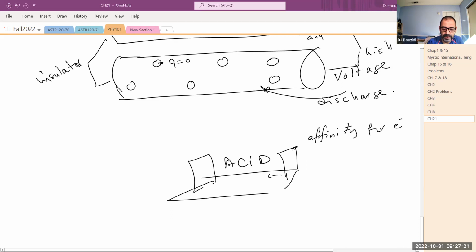So this one will free up its electrons, and this one will free up its electrons, but one of them will free up more than the other. Then all of a sudden, the one that loses more electrons will be positive, and the one that does not give up that many charges is going to be the negative terminal. So this is called a terminal.